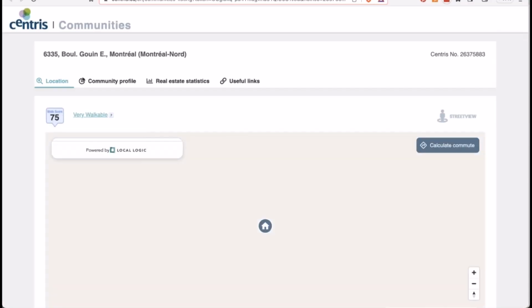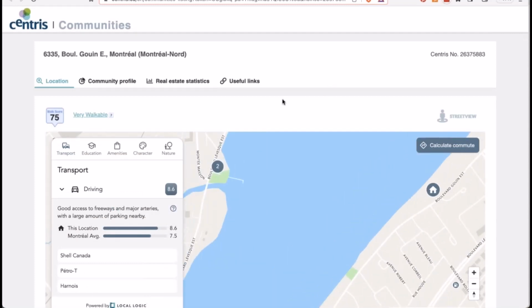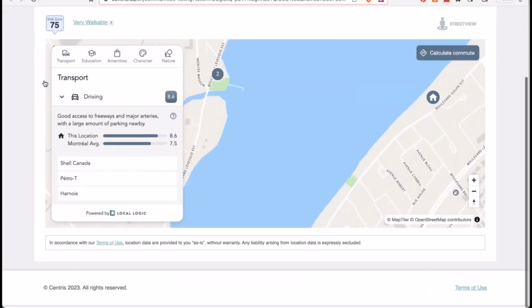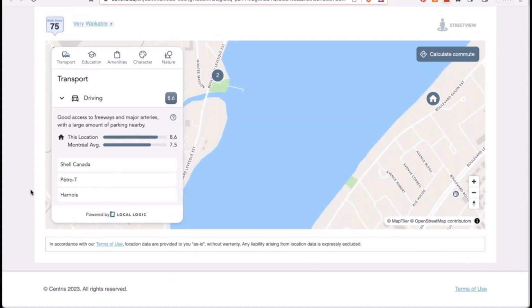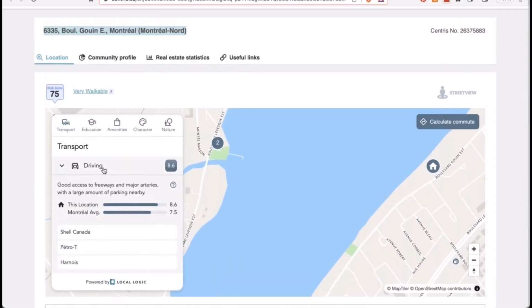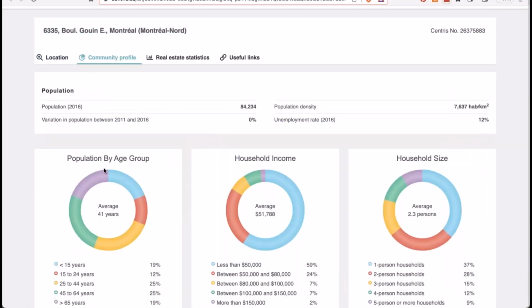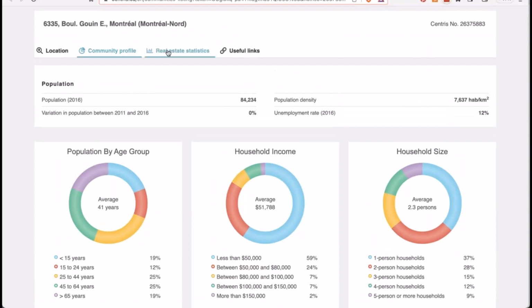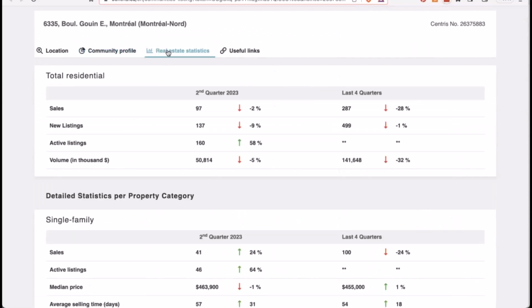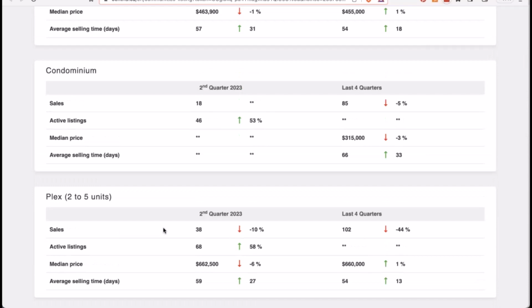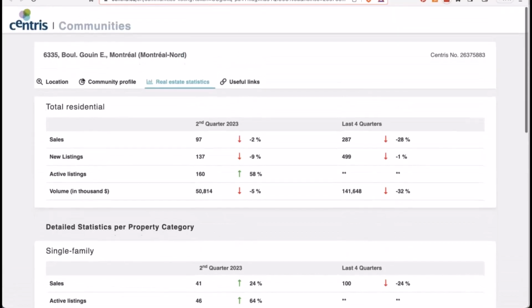And what will happen is it will open up the same tool, but give you the information concerning the surroundings of this specific property. So 6335 Boulevard Gouin. All right. So you have a bit of information here. What's the driving score? What's the walk score? And then the community profile is here. Okay. And the real estate statistics are also there for that neighborhood.